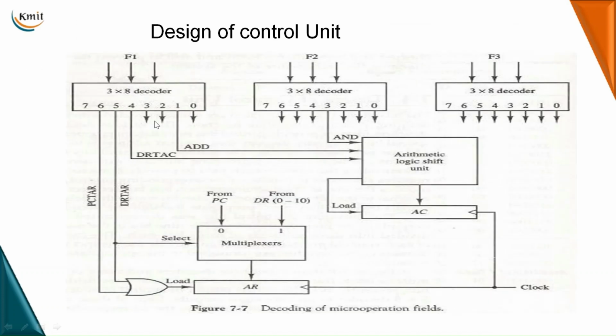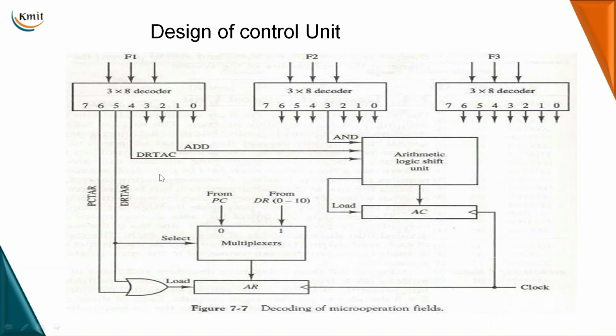Out of these 20 micro operations, in this diagram we are specifying only 5 micro operations. From F1, we are taking 4 micro operations, and from F2, we are taking 1 micro operation.